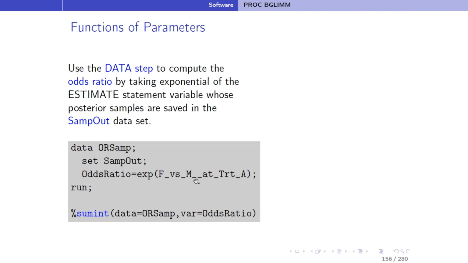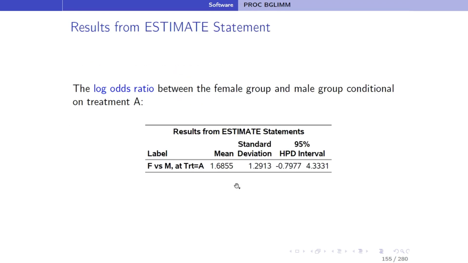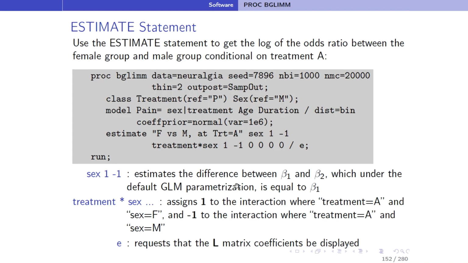the variable for female versus male at treatment A. This statement generates a linear combination of all the parameters, and it's named F versus M at treatment A. This variable is going to be saved in the sample out data set.